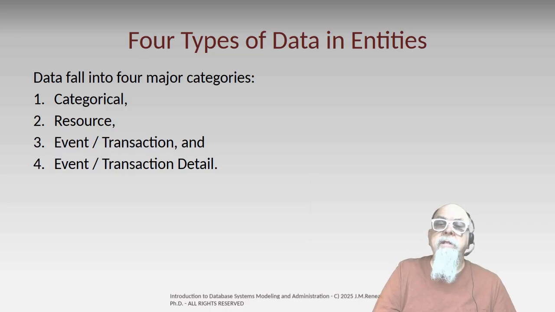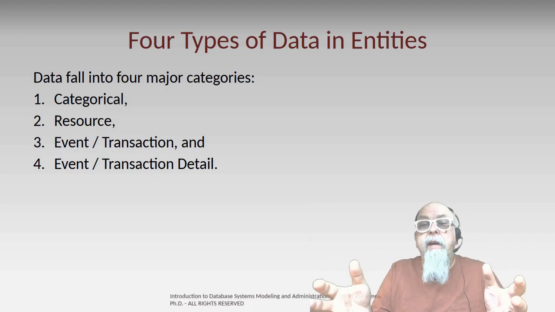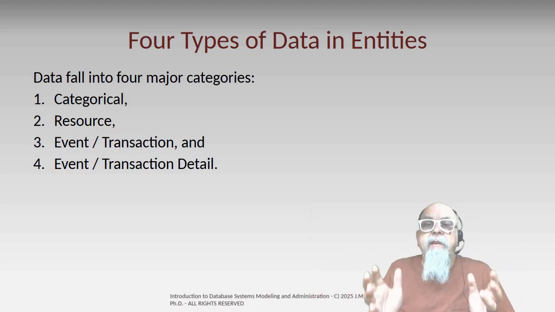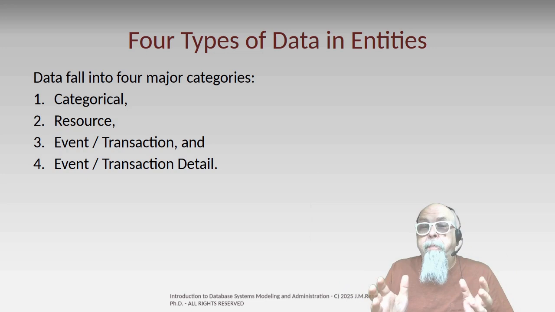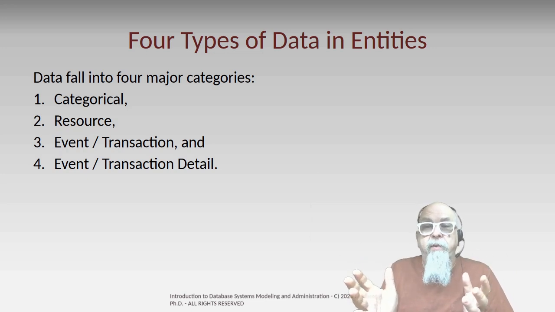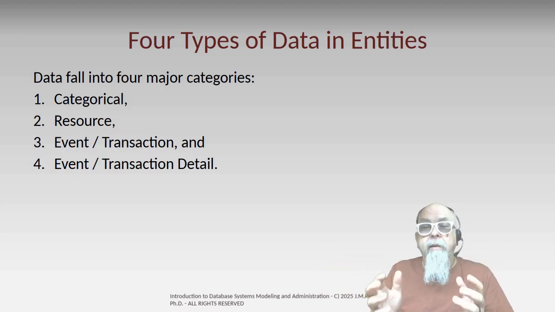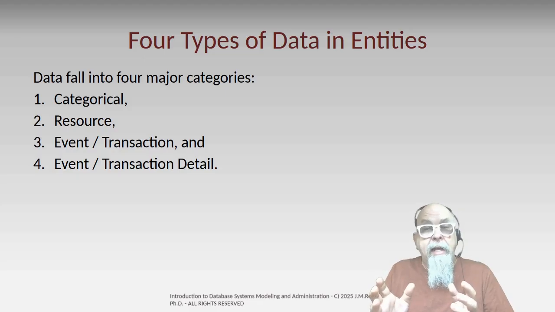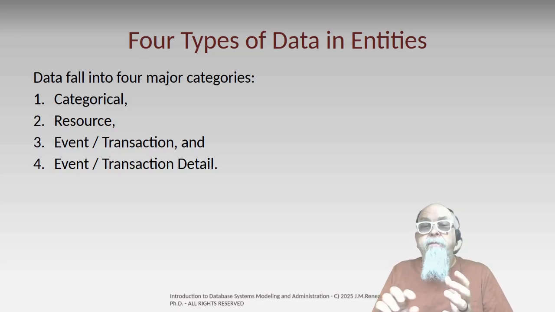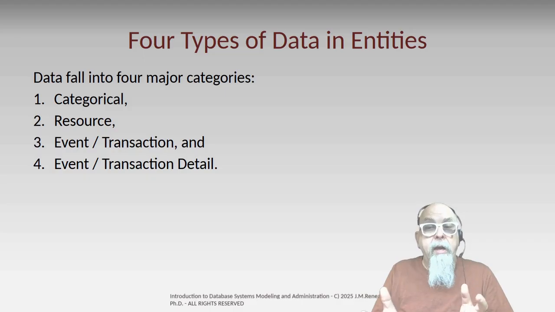The transaction detail then would be, if we received a shipment from our supplier of 30 different kinds of filters, 30 different filter numbers, there would be one entry in the event of the receipt coming in, and then in the transaction detail entity, there would be a line for each of the filters that we got.